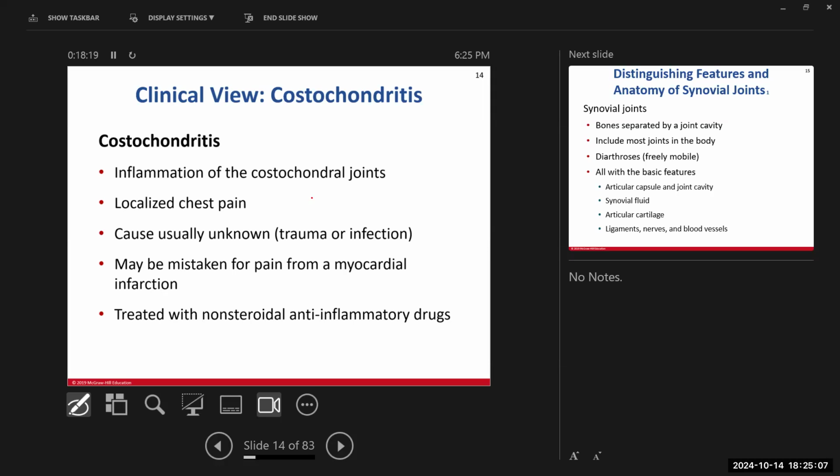God forbid it's on the left side, because what are they thinking? Heart attack, right? Yeah, exactly, right? But usually it'll be localized to the front part of the chest, and it's usually going to be in the upper ribs there. So usually, I've seen it most commonly between ribs 2 and 7, right? And so again, you'll have this localized chest pain.